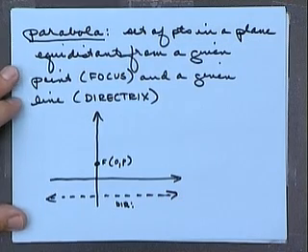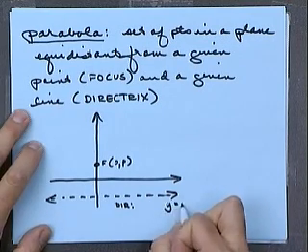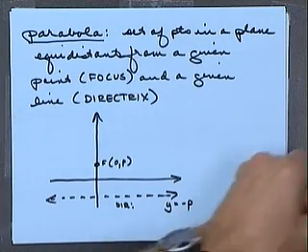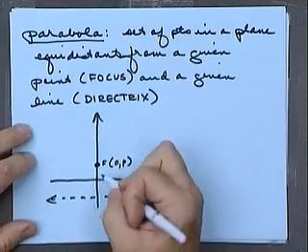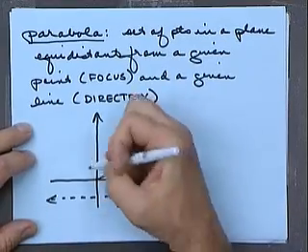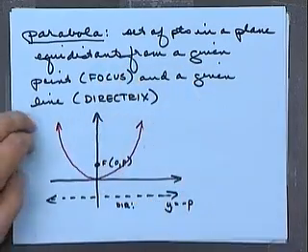So the directrix, tell me what its equation would be if it's p units below the x-axis. y equals negative p. So where is the parabola? Well, let me see if I can put it where it needs to be.